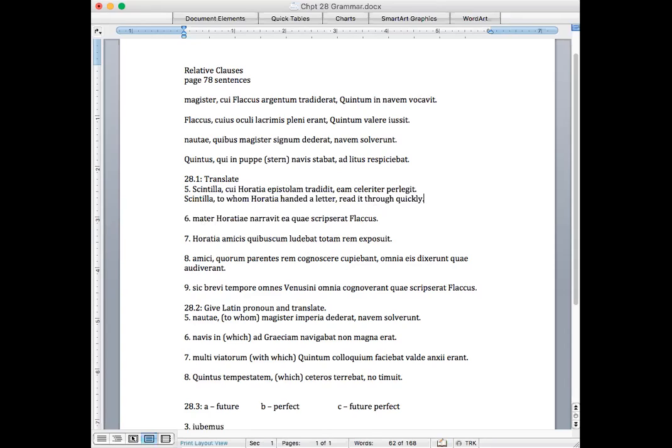Number 6. Here we have the clause at the end of the sentence. You've got qui, and then scripserat as your clause.